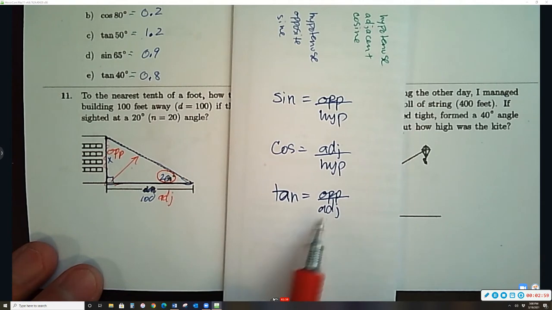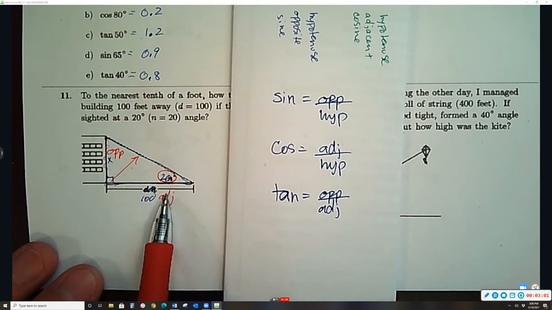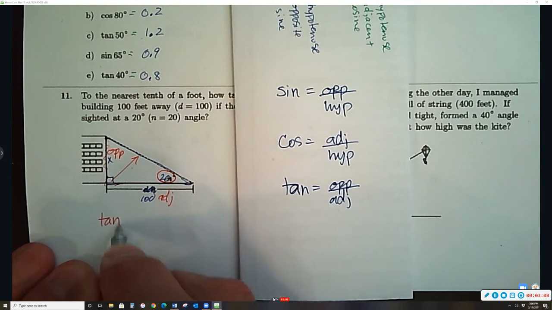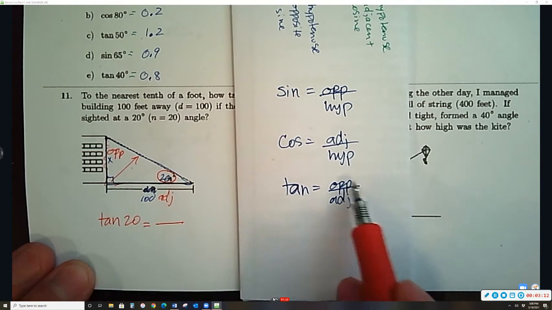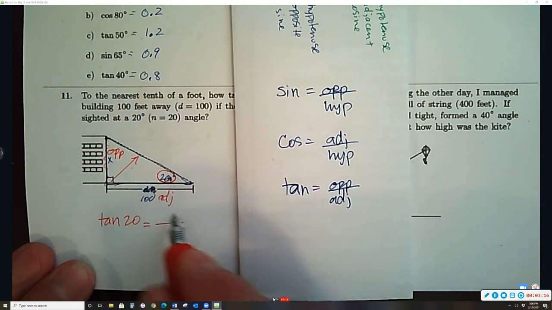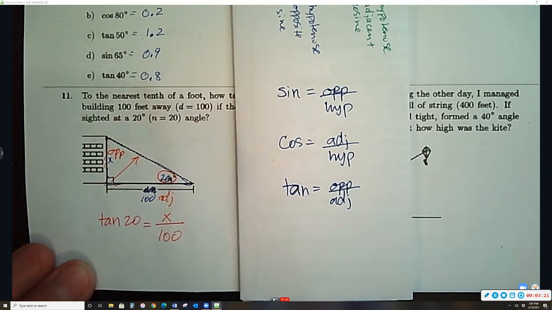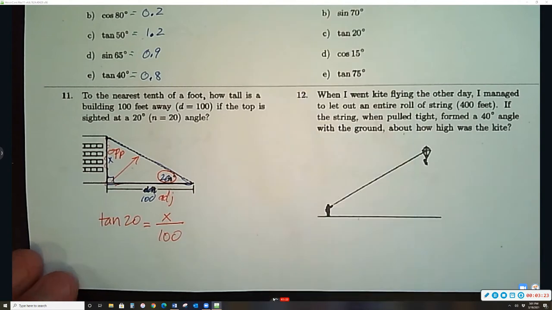So we know tangent of the angle 20 degrees is equal to the ratio opposite over adjacent. Opposite is x, and adjacent is 100. So that's the equation we set up.